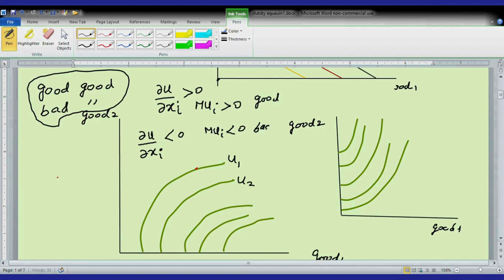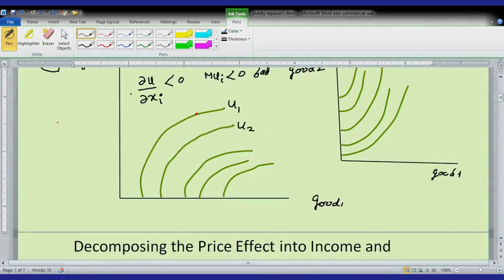Now see that in the case where we have one of the goods as a good and the other one as a bad good, for example here, the indifference curve becomes positively sloped. Here we'll see that good 2 is a bad good, and in this case we'll see that good 1 is a bad good.